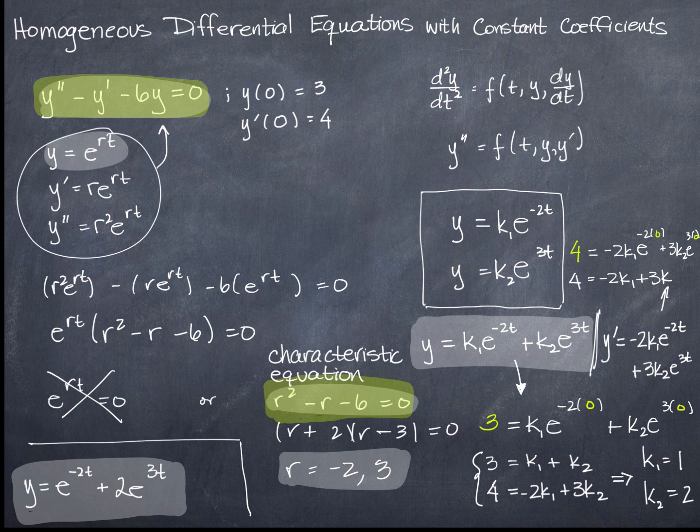And that is due to the very specific and intriguing, I think, nature of differentiating a function e to the rt. You take the first derivative and you get a single copy, if you will, a single power of r. You take the second derivative, you're going to get a second power of r, right? You're going to multiply this one by r again to get r squared.